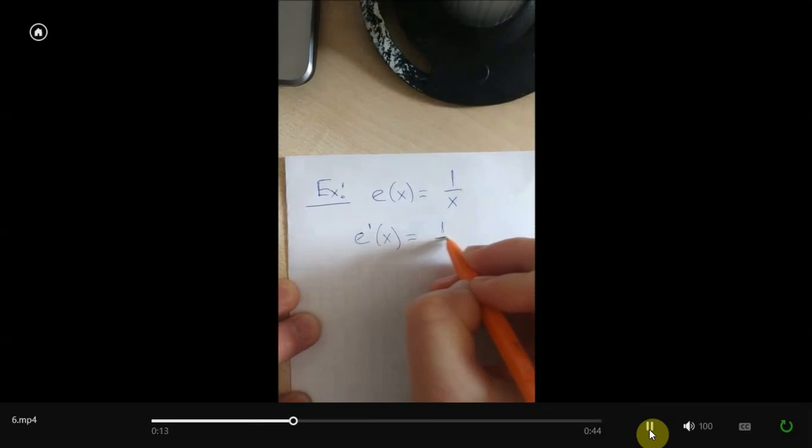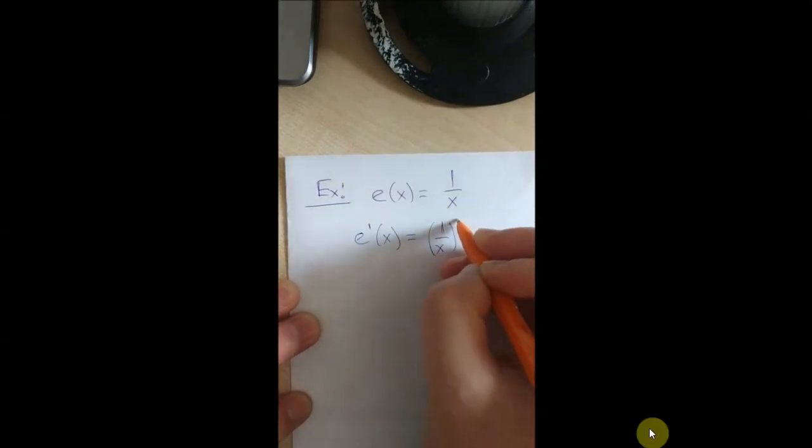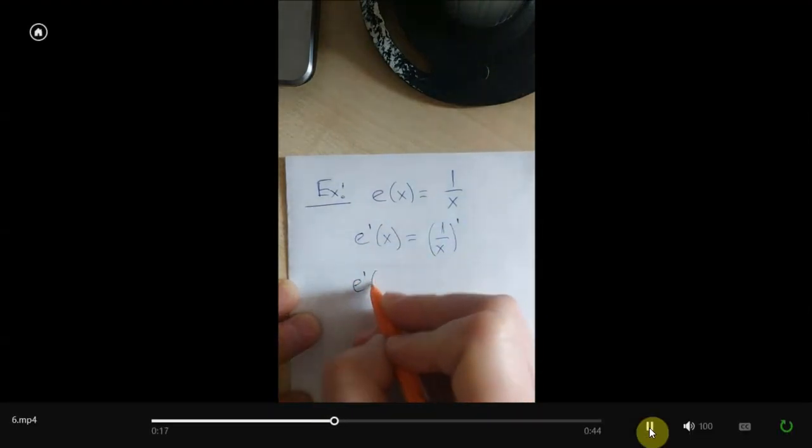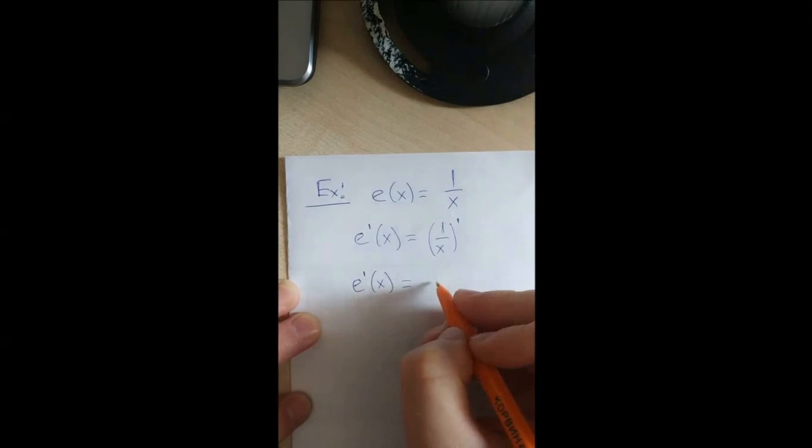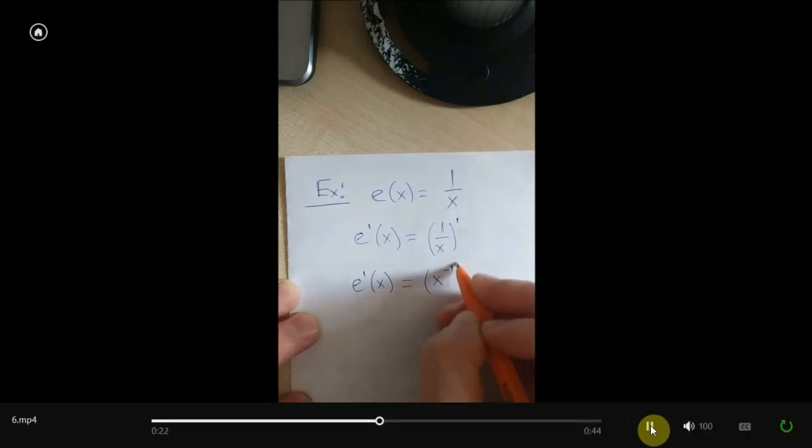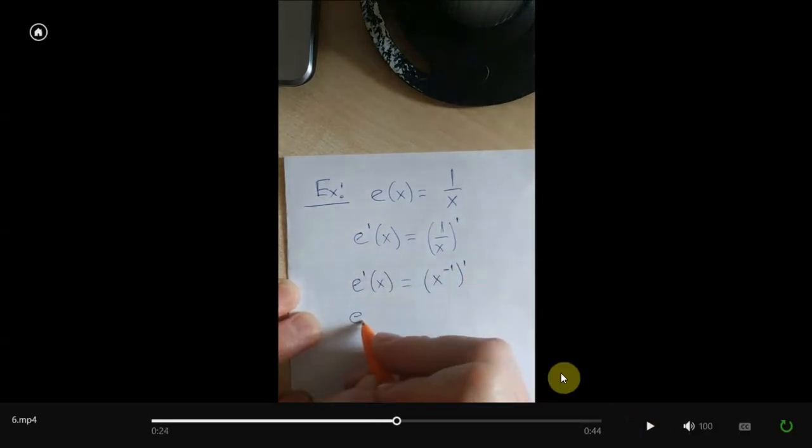E prime of x is the derivative of 1 over x. Here 1 over x we can write like this, x to the power of minus 1, a negative power.